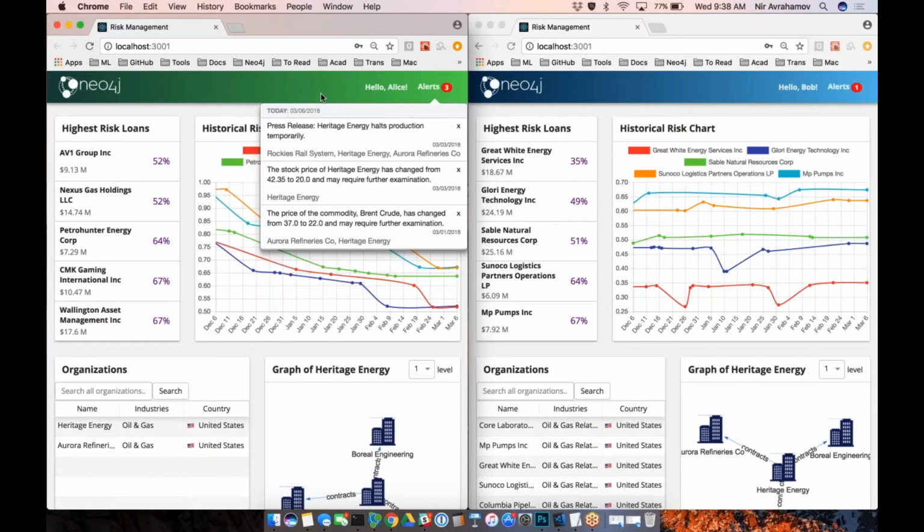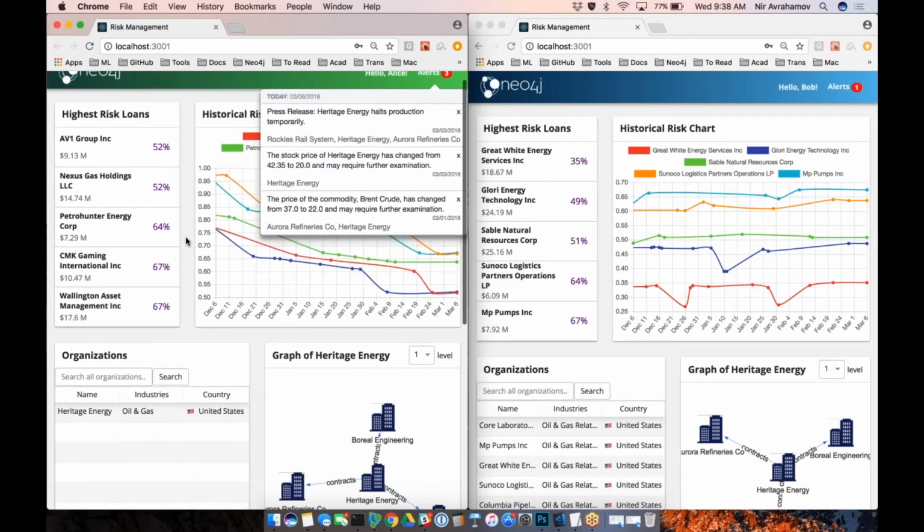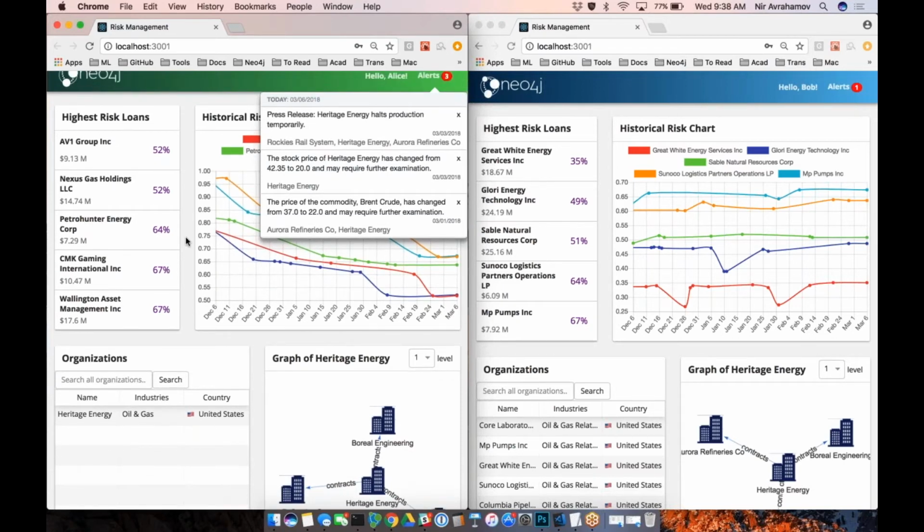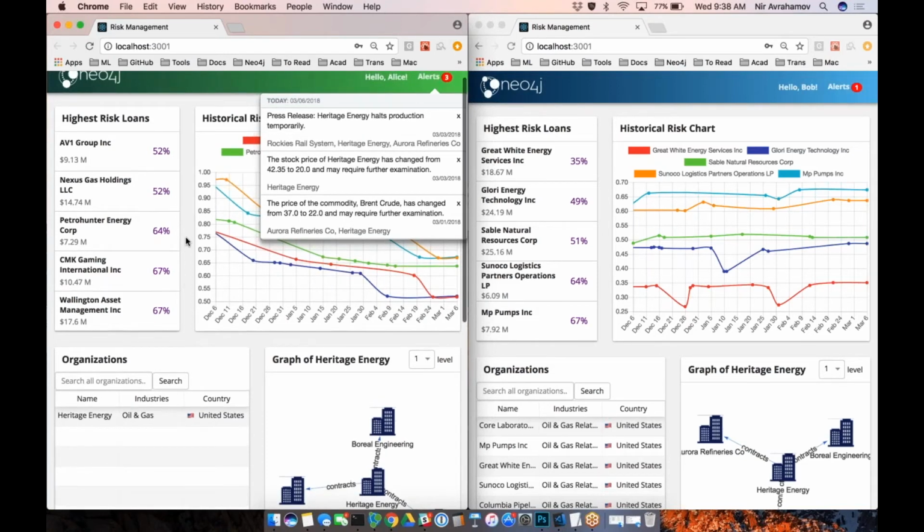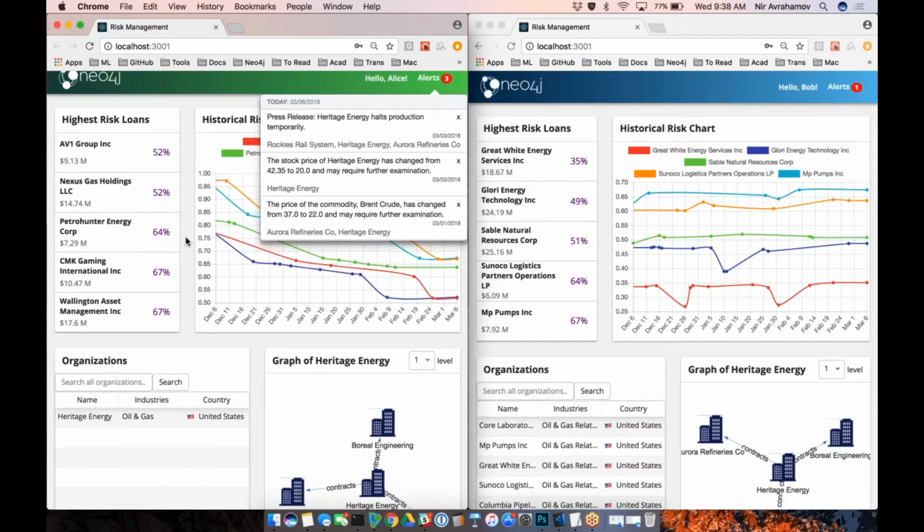So it doesn't make sense for them to produce oil at this high price when oil prices have declined significantly. So they're shutting down production of their oil sands. That has now impacted a bunch of companies, as you see, that are related to Heritage Energy.